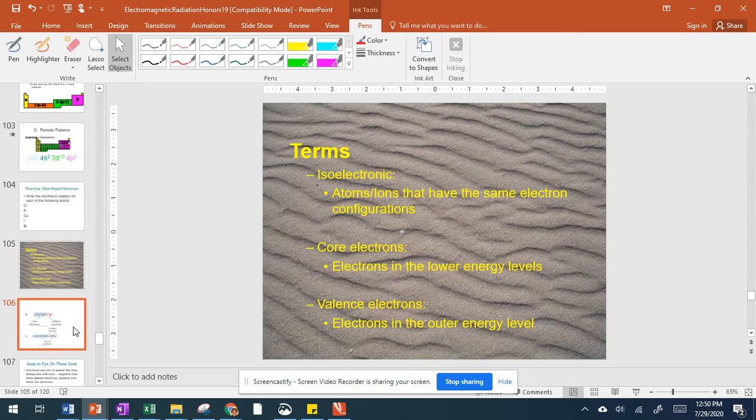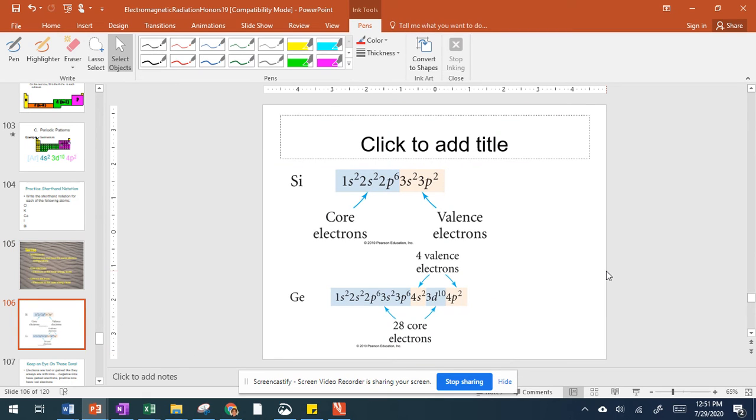So if we look at the next slide, what I want you to see here is that both of these elements, silicon and germanium, have 4 valence electrons. If you look at silicon's electron configuration, those 4 valence electrons are in the third energy level. Those are the 3s2 and 3p2 electrons.